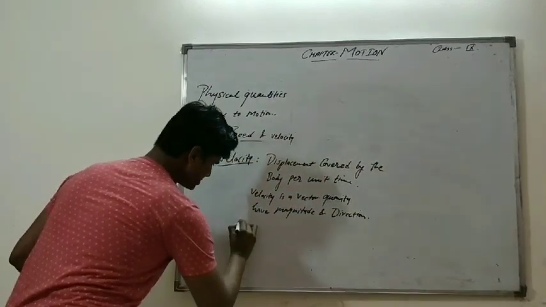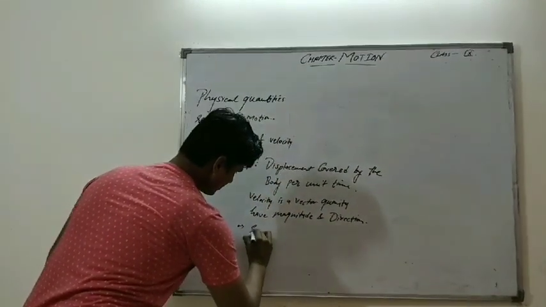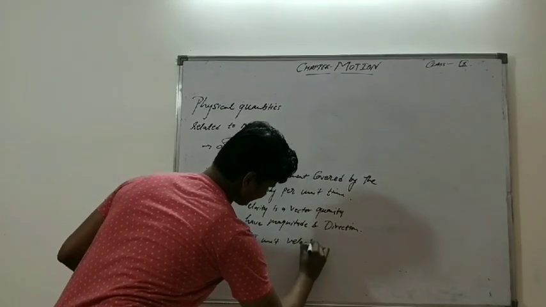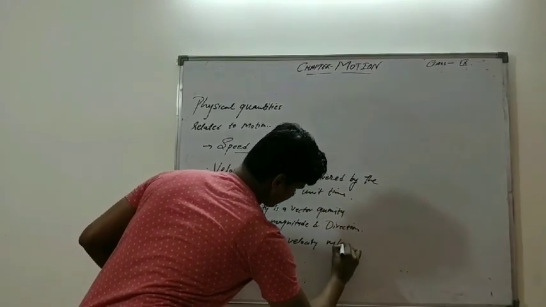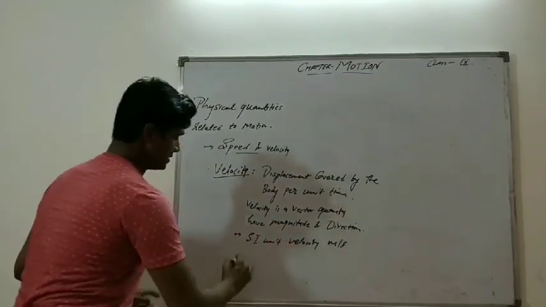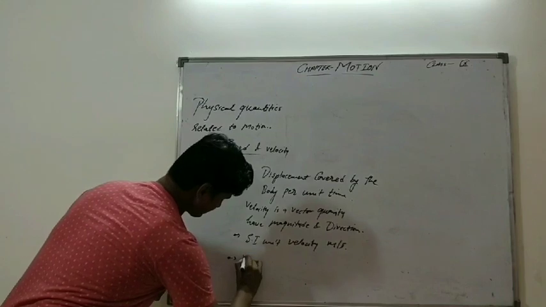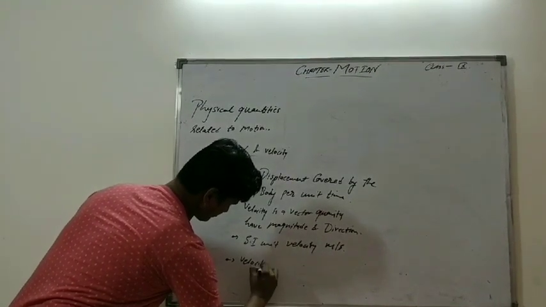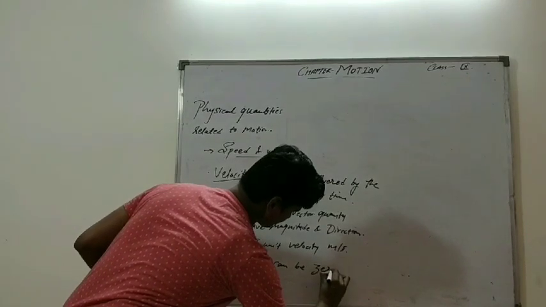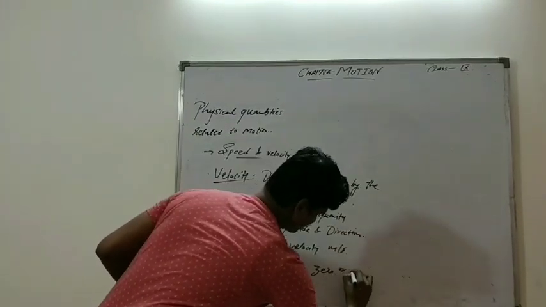The SI unit of velocity is meter per second. Velocity can be 0 or negative.